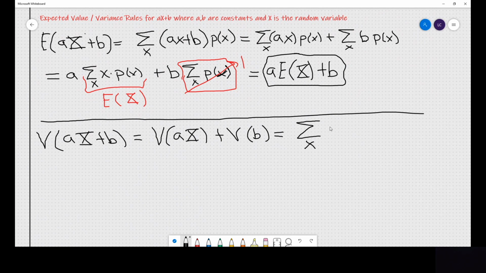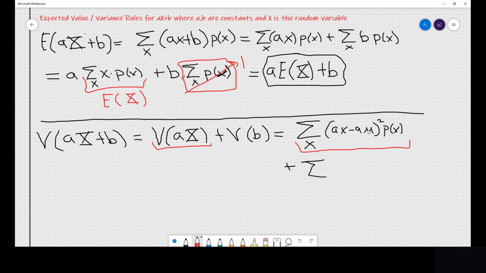I'm going to put a x minus a mu quantity squared times p of x plus, right, so this part goes with this new quantity here.